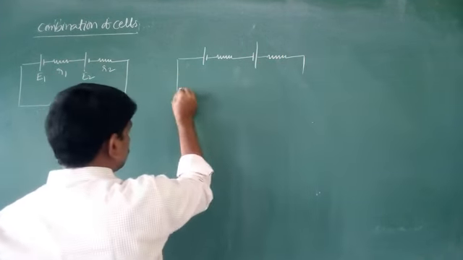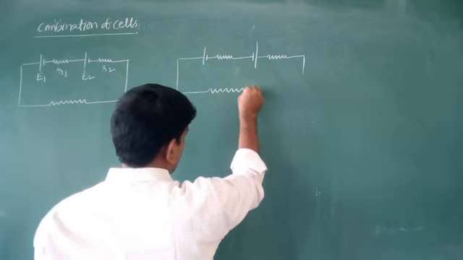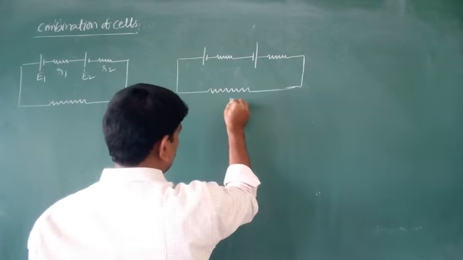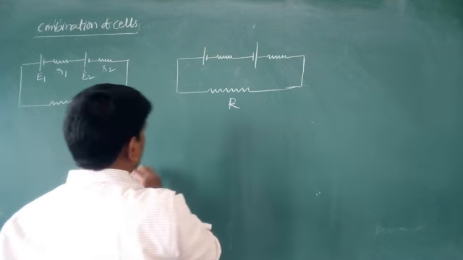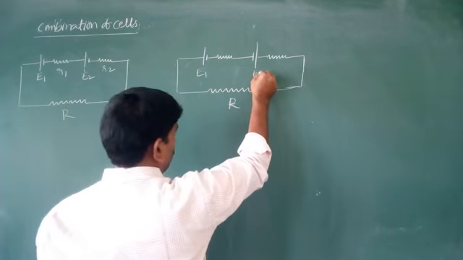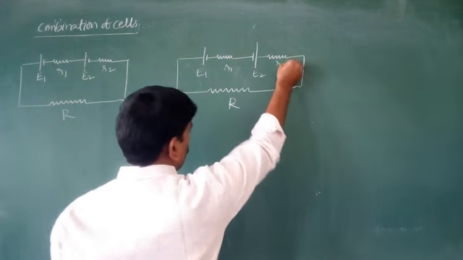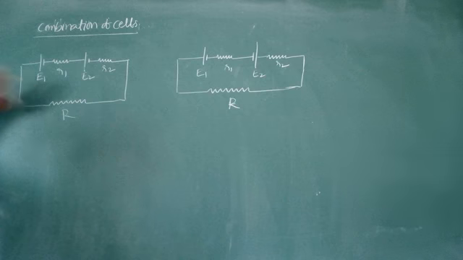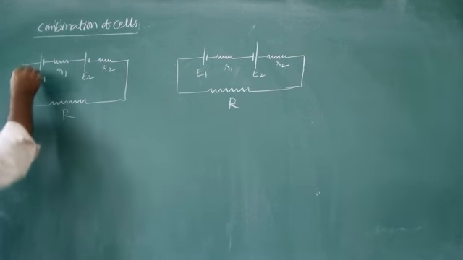Here this is the external resistor having resistance capital R, with EMF E1, this is E2, R1 and R2. So apply the Kirchhoff voltage law. Let the current be I amperes.